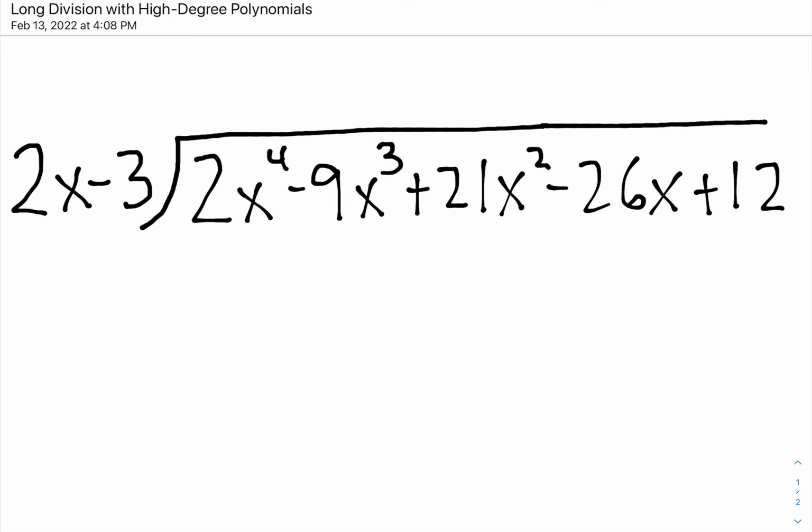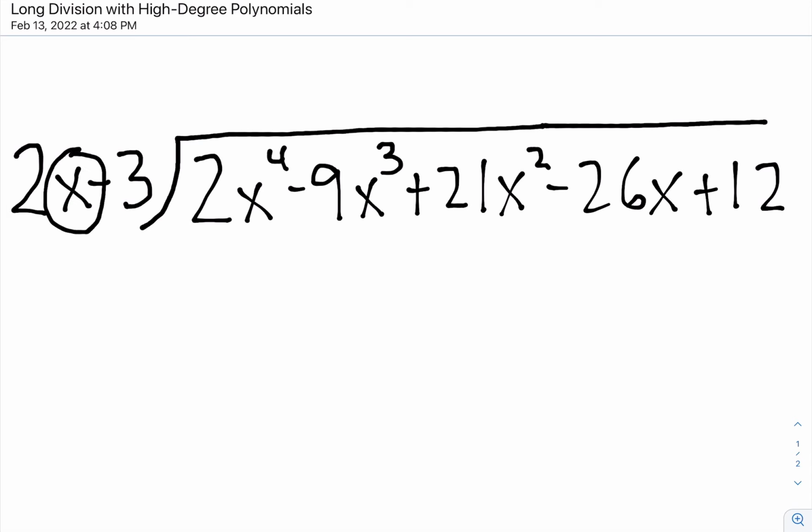The first thing we always do is look at the first term, 2x to the fourth, and ask how many times the divisor, or the factor, 2x minus 3, fits into 2x to the fourth. It might sound weird, but all you need to think about is the x's in terms of their exponents.